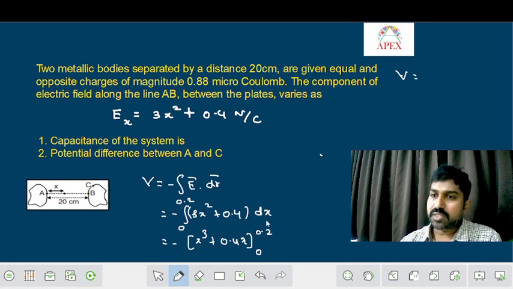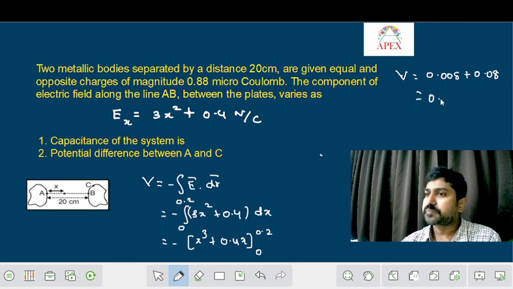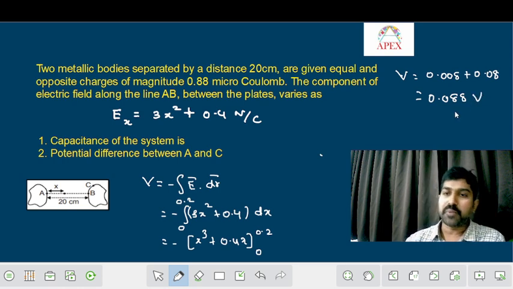By substituting 0.2, 0.2 whole cube will be 0.008 only, plus 0.4 into 0.2, that is 0.08. When you substitute the lower limit, everything becomes 0. So finally the answer is 0.088 volt. That is the potential difference between point A and point B.